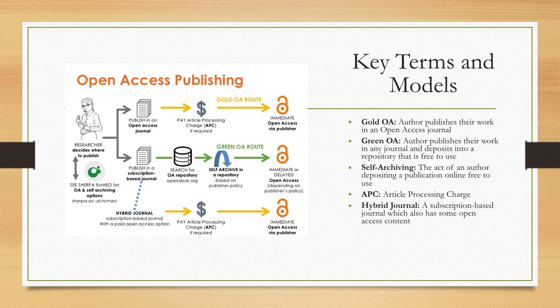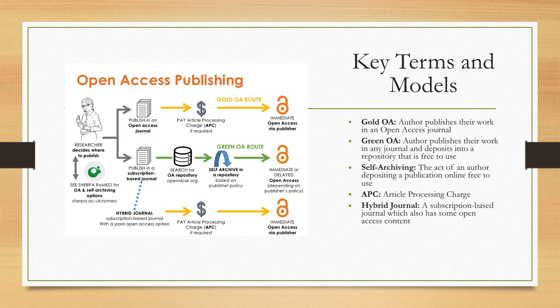Next, on to key terms and some of the available open access models. There's the Gold OA, where an author publishes their work in an open access journal with immediate access once published. Next, there's the Green OA. Here, an author publishes their work in any journal and also deposits it into a repository that is free to use. There might be a delay in the access depending on the policy the publisher has.